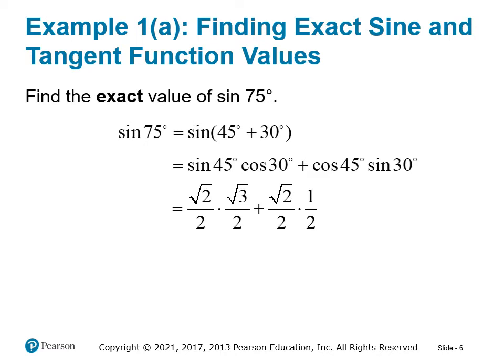Using our triangles, we can plug in the values, multiply these through, and we get the square root of 6 plus 2 all over 4. Which in quadrant 1 should indeed be positive, and we do see that there.